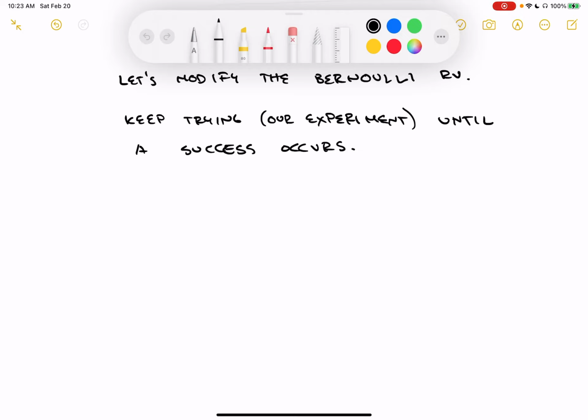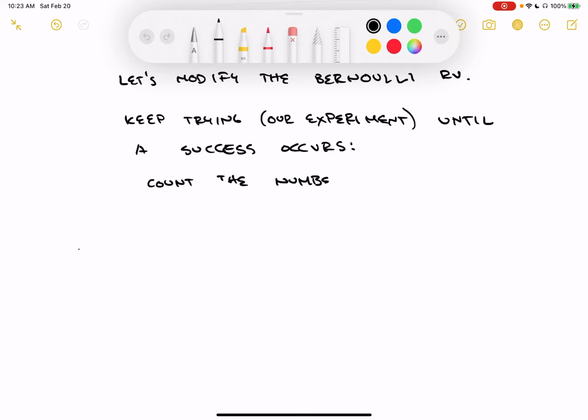I'm going to start out by looking at a tree diagram, right? And so if we're going to keep trying our experiment until we get a success, we still need a random variable on that. So I'm going to think about, let's count the number of tries. We're interested in how many times it took before we got a success.